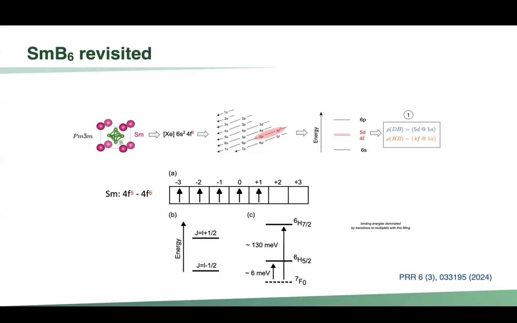And because it's 2 electrons short from the half filling, it happens that when we look at the Bloch wave function, the symmetry of the Bloch wave function is L plus minus 1/2. And if we look at the spectroscopy measurements, it happens that the symmetry of the many-body wave function is 5/2 of 7/2 minus the singlet, which is very close in energy. So we can consider that this is 5/2 of 7/2. So the single particle Bloch function and the many-body wave function both share the same symmetry.